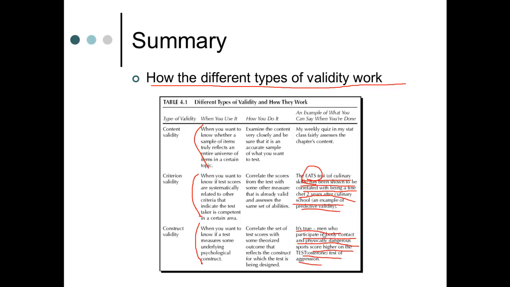I don't know. But this is a test of aggression that helps them see whether or not you're prone to doing those kinds of things. So, content validity, criterion validity, construct validity. Big three for validity.